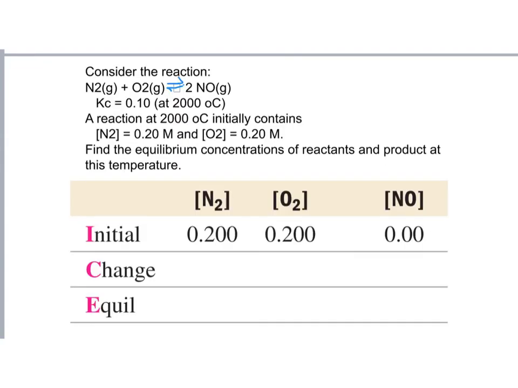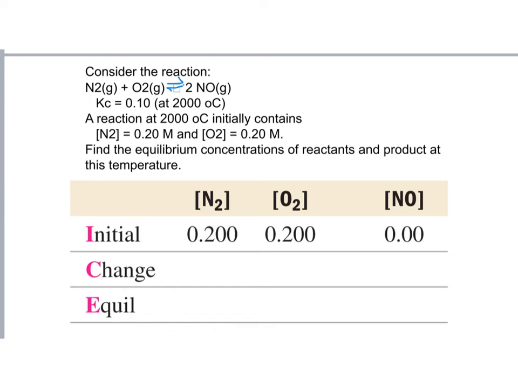Okay, so here's an equilibrium problem. And in this equilibrium problem, we have a Kc of 0.1, right? So the equilibrium constant is 0.1 at 2,000 degrees. And it says it initially contains 0.2 molar of both N2 and O2.